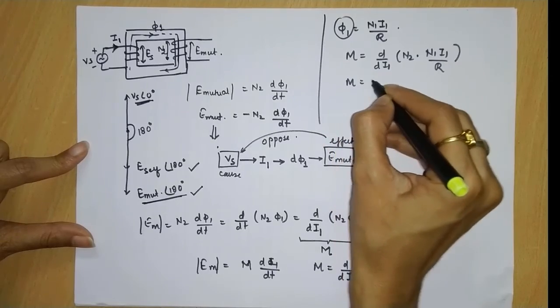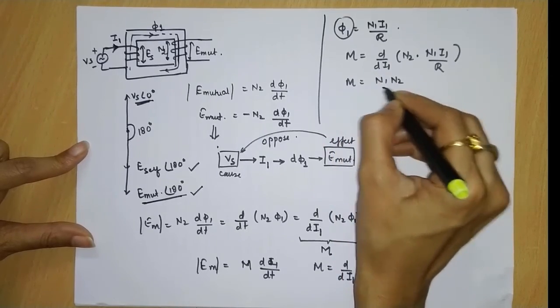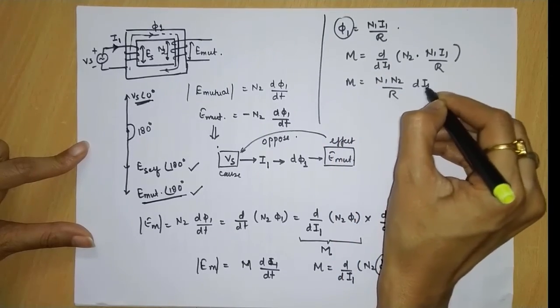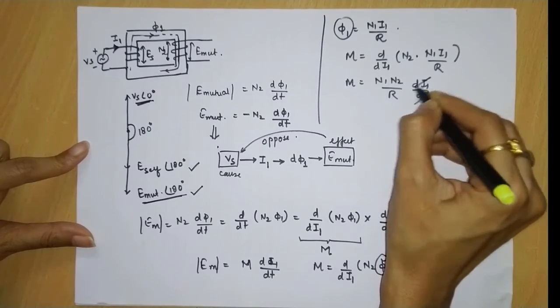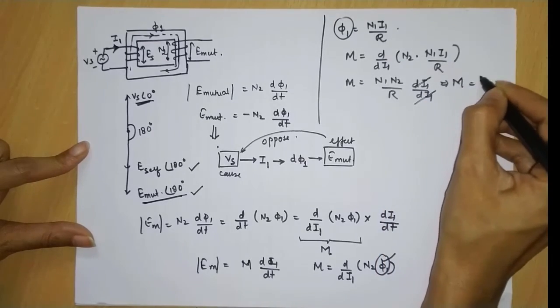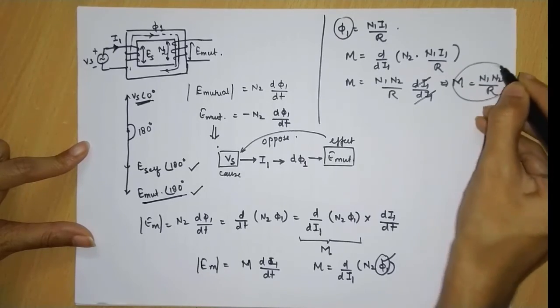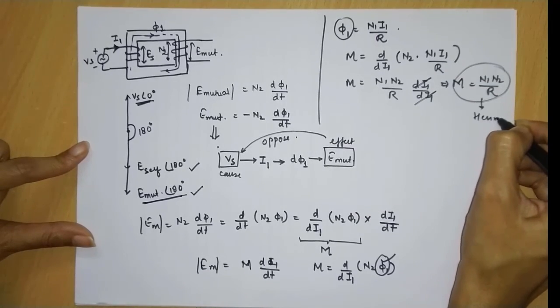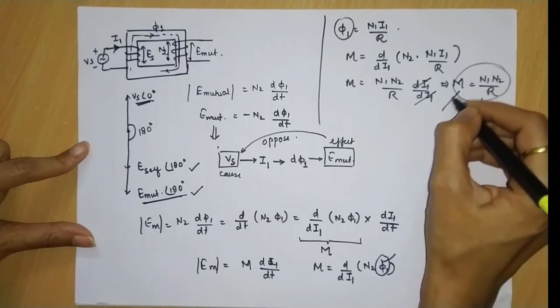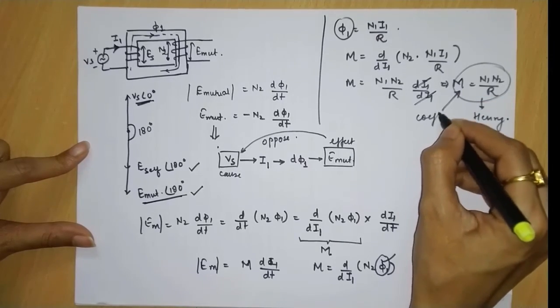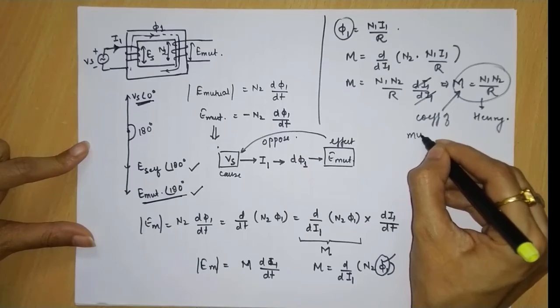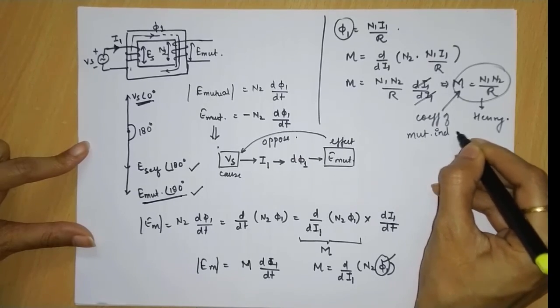Hence M is equal to N1 N2 upon reluctance, di1 upon di1 gets cancelled. Hence M is equal to N1 N2 upon reluctance. Units of this is also henries. This is termed as the coefficient of mutual inductance.